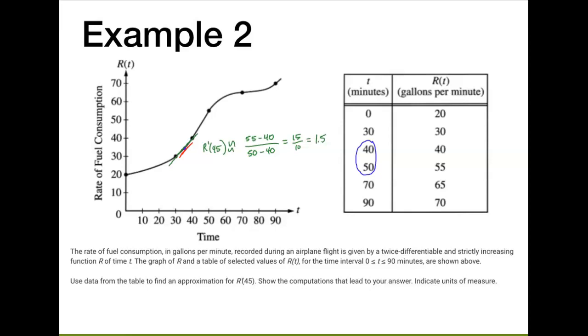So the rate of fuel consumption has units of gallons per minute, and time is in minutes. So this is gallons per minute, or more simply, r prime at 45 is approximately equal to 1.5 gallons per minute squared. So it's almost like what we're finding is basically the acceleration of the fuel consumption over time, right?